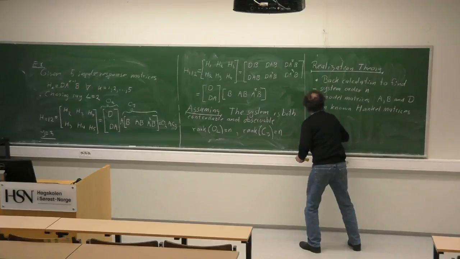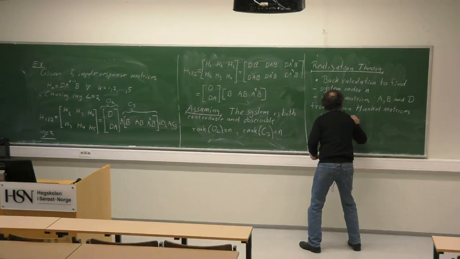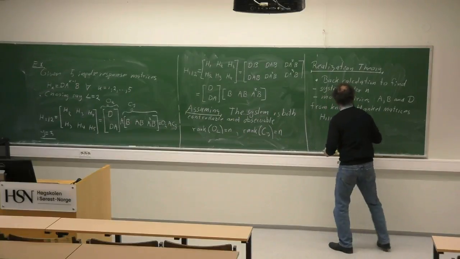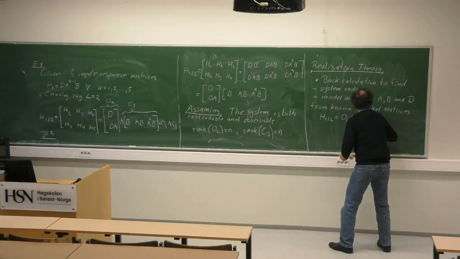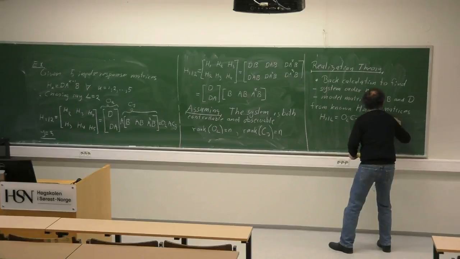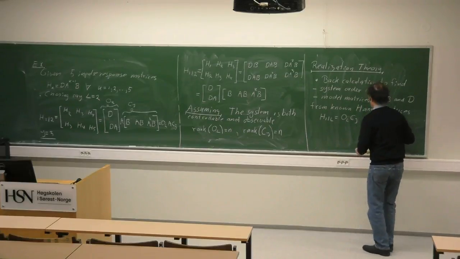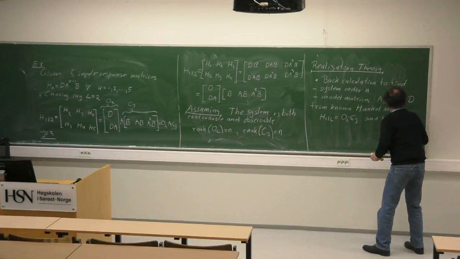We have the first one, H1 given L, which was equal to O_L D_J, and the second Hankel matrix H2 given L, which is equal to the observability matrix O_L times A times C_J.